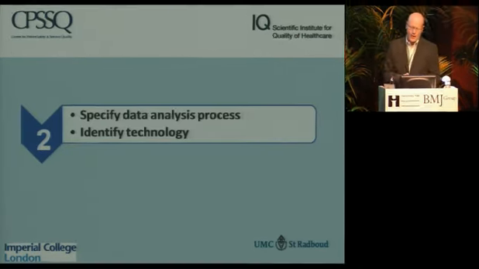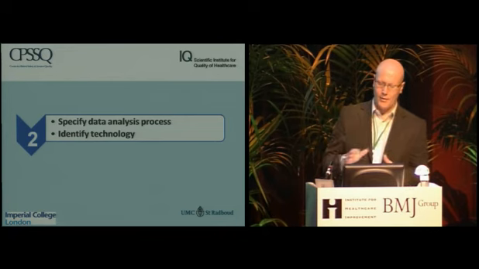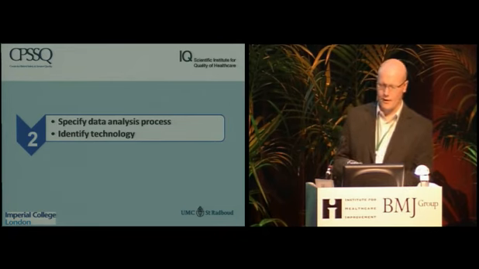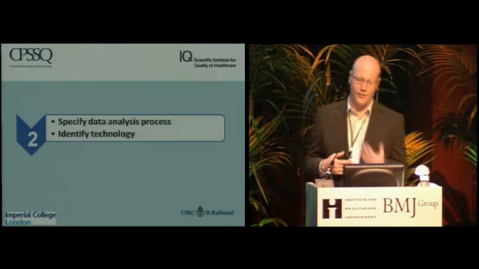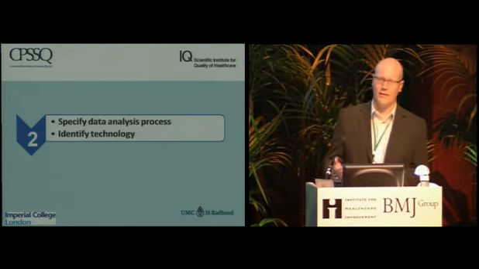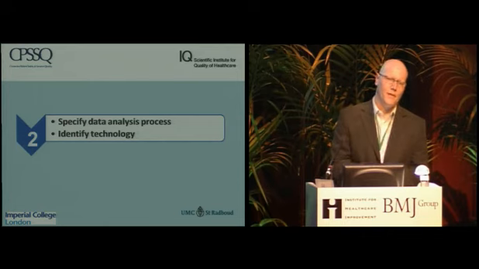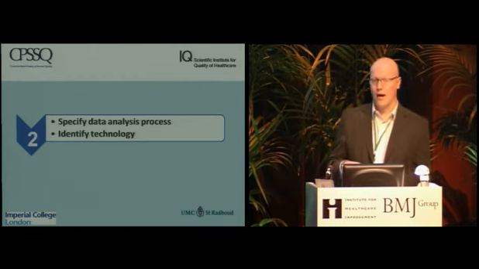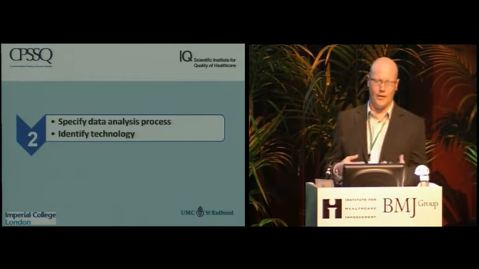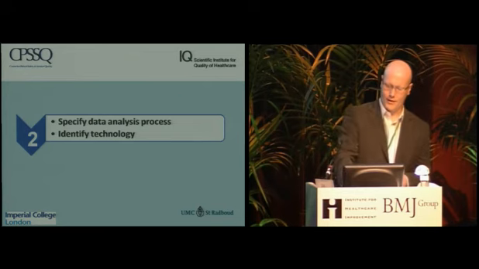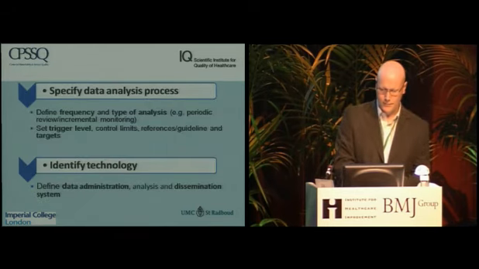So in terms of having decided upon the general aim and scope of the system and what metrics will be included, we move on to think about what the data analysis process is and what the technical implications are. Now again, these will vary considerably from context to context, but it's useful to think about how one wants to analyse the data and present that data back at this stage to understand the technical requirements.